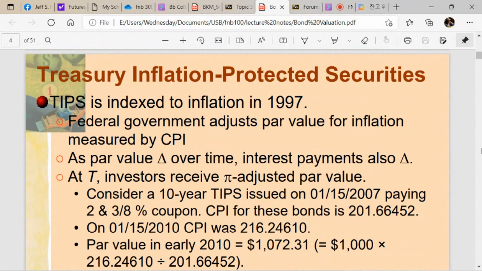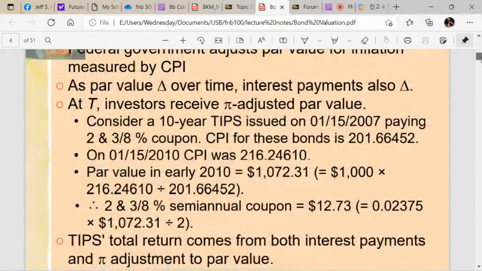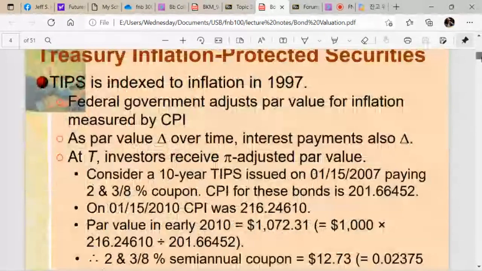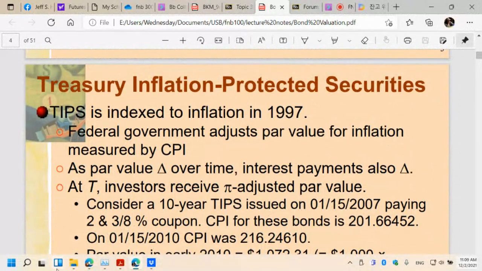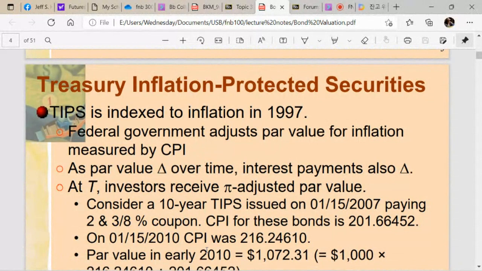Inflation is generally measured by CPI, the Consumer Price Index. Actually, these days the more widely used index is PCE, the Personal Consumption Expenditure Index. But still, in a macroeconomic sense, CPI, the Consumer Price Index, is quite widely used.